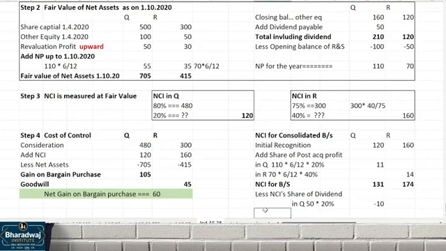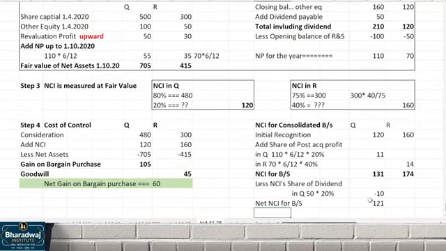This will be shown as a current liability. So net NCI for balance sheet. What is NCI for balance sheet? 121, 121 and what? 121 and 174. This is the balance sheet NCI.